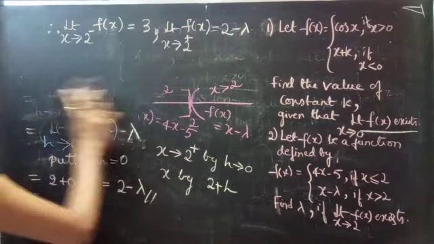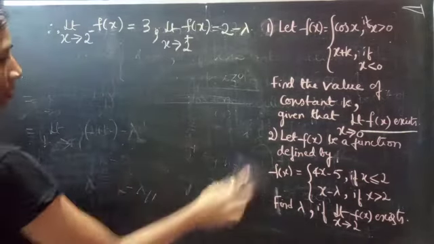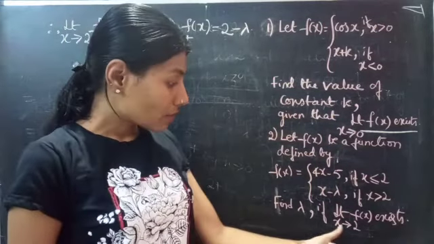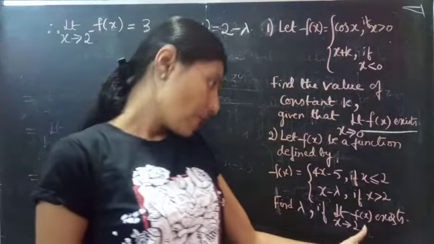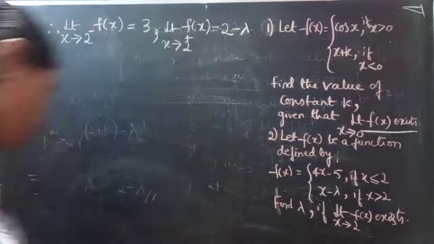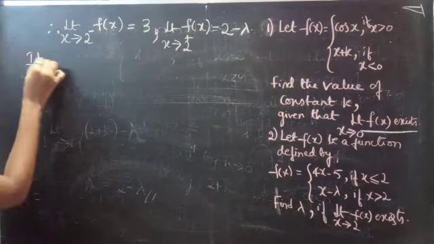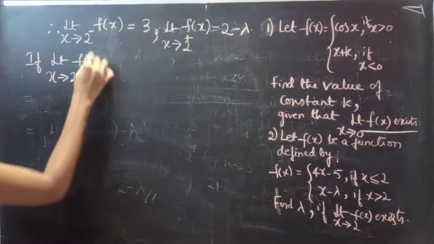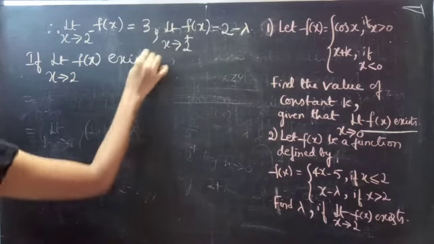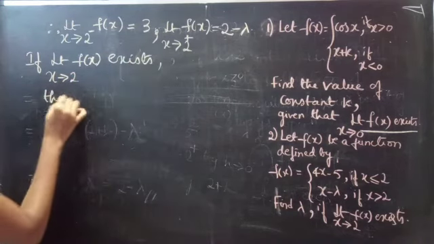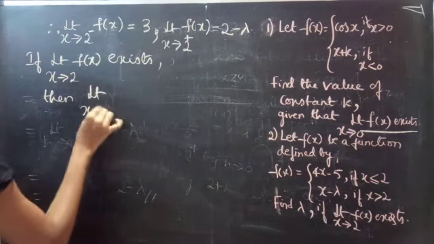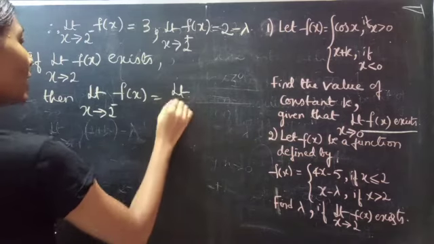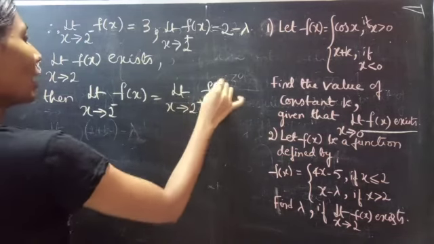Okay. Now let's take the question. Find lambda if limit x tends to 2 of f of x exists. So if limit x tends to 2 of f of x exists, then limit x tends to 2 minus f of x equals limit x tends to 2 plus f of x.